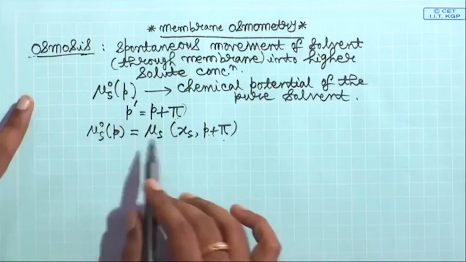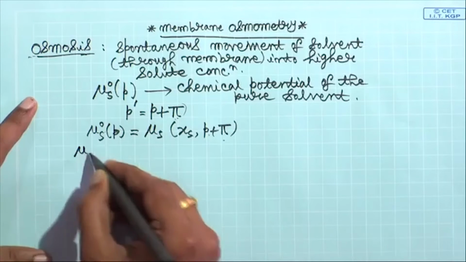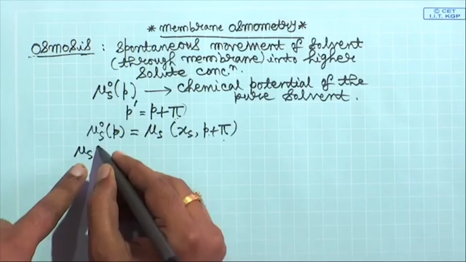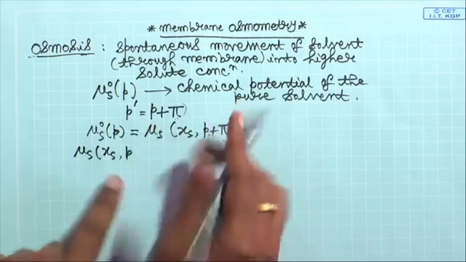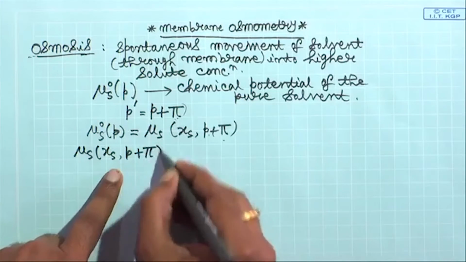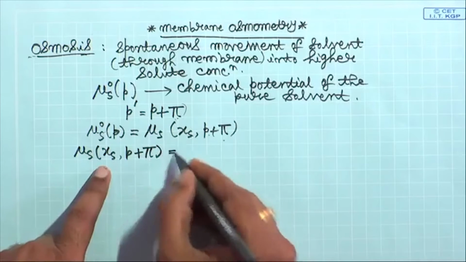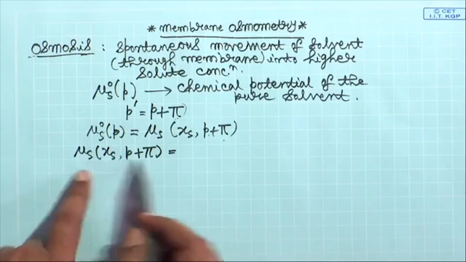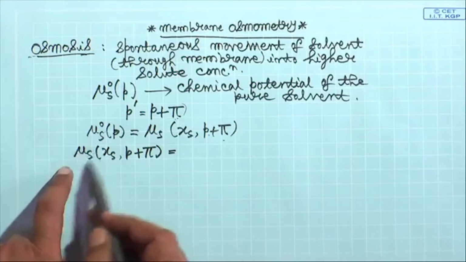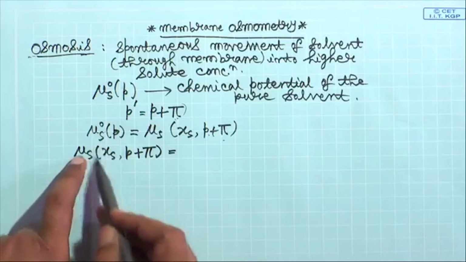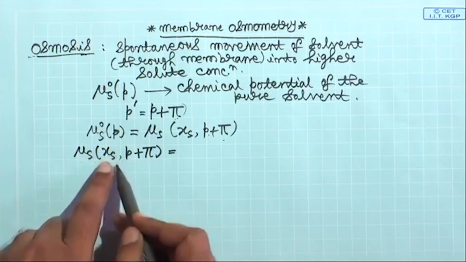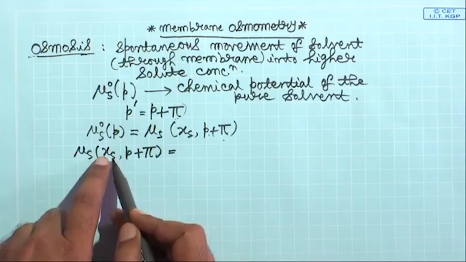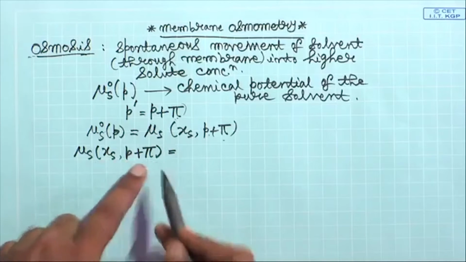Now, the general expression of a chemical potential term is x s. Actually, this term we want to have an expression for, so as to simplify the matters further. So, mu s basically is the chemical potential of the solvent in solution. In the bracket we are trying to designate the main properties, x s is the mole fraction of the solvent in solution, P plus pi is the pressure on that side.